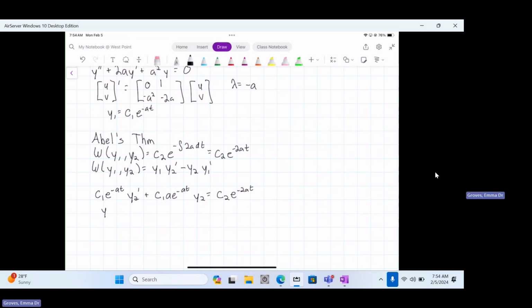So I've got y2 prime plus a y2 equals, and then c2 divided by c1 is just another constant, right? I'm going to call that constant c. And then e to the negative 2at divided by e to the negative at gives me e to the negative at. Did I drop an a right here? Yeah, let me throw that in here. I dropped an a right there before my y2.